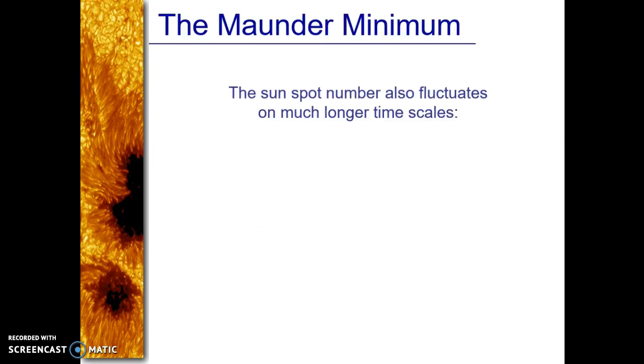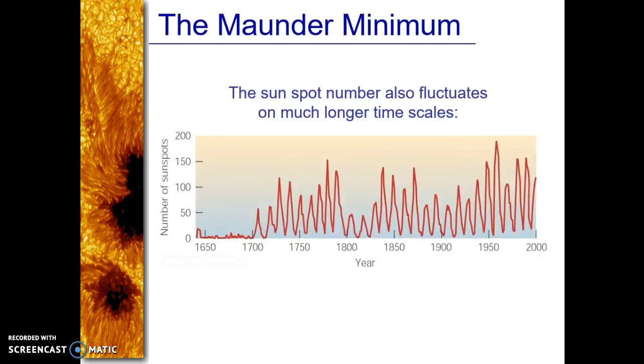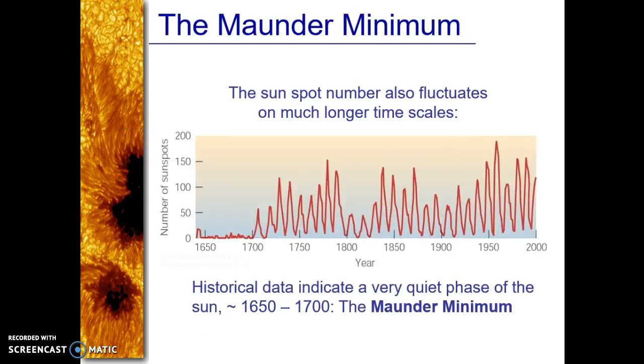All right, so the Maunder minimum: sunspot number fluctuates over a longer time scale. The Maunder minimum is this period in time here where you'll notice that the sunspots were at a complete and total minimum, right?